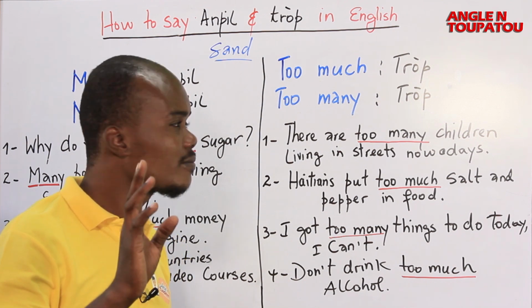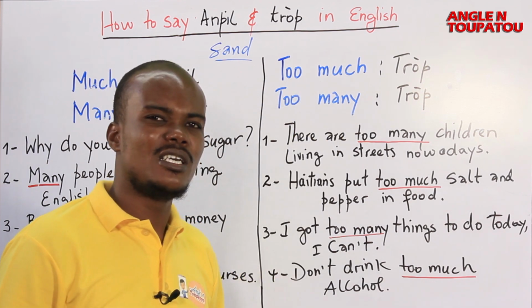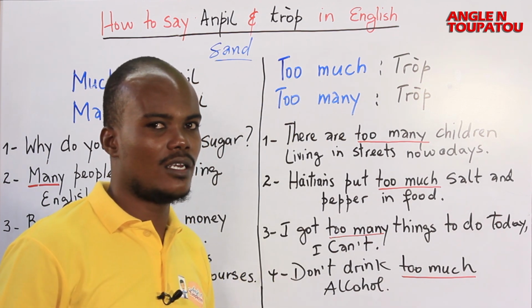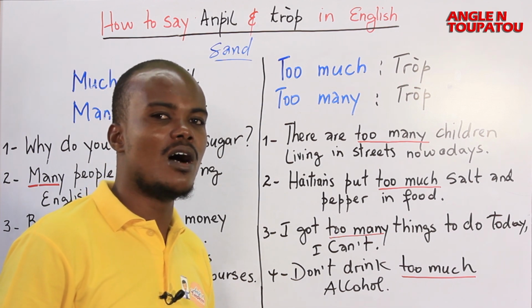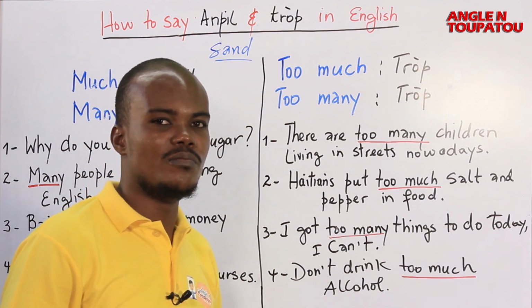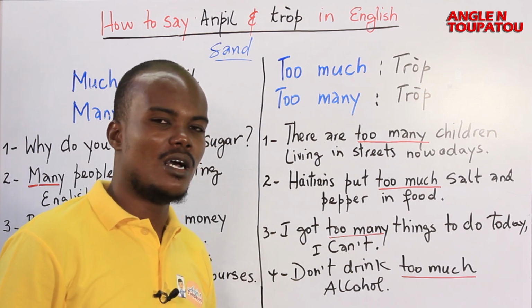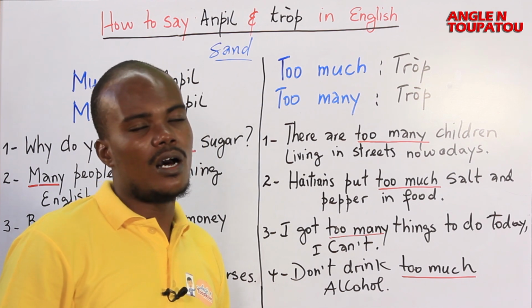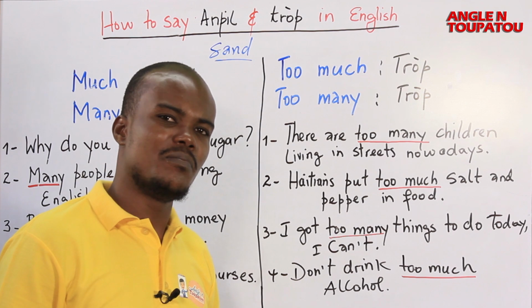Be careful. If you put too after much, it doesn't mean the same thing. If I say, I like much too, this too after much means aussi. I like much sugar.